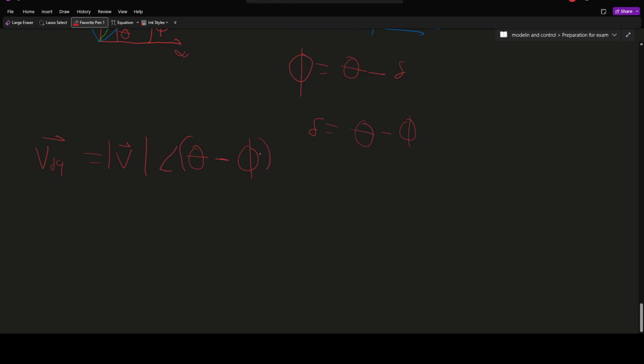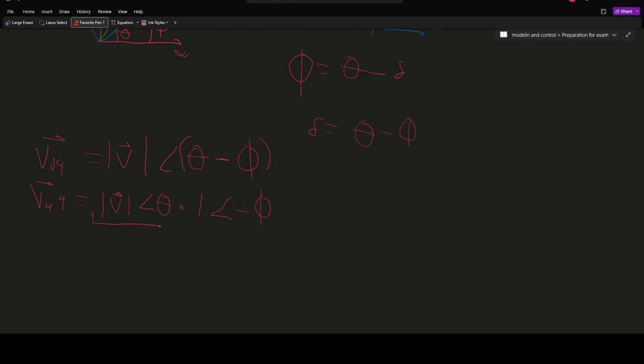So we can separate this. We can say that the phasor in the dq reference frame is equal to the magnitude times e to the angle theta times e to the minus angle phi.